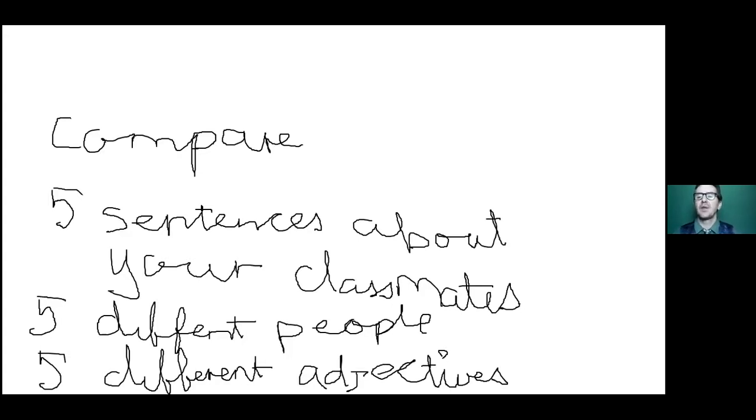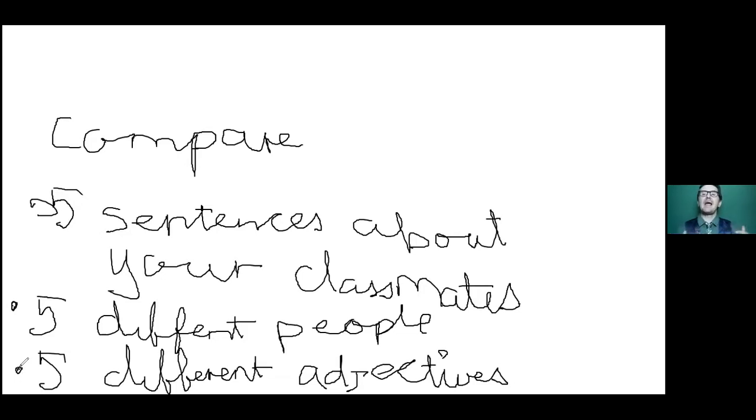Okay? Are you guys ready to go? Go. So write your 5 sentences, because just now you will read it to your classmates. So you need to write your 5 sentences now about this rule. So with these rules, 5 sentences, 5 orang, and 5 adjectives.